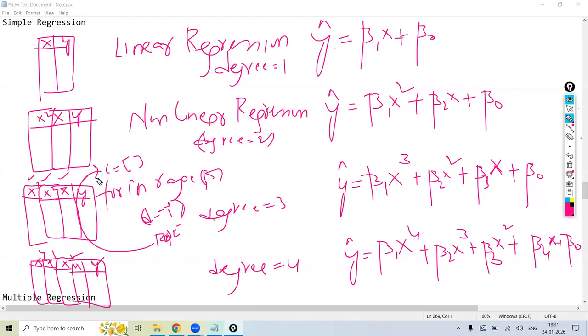Now, what values will be there in the list? Degree of 1, RMSE value will be there. Degree of 2, RMSE value. Degree of 3, RMSE. Degree of 4, RMSE. Like this, you are going to have the list of values. Can we see whether it is decreasing or increasing in the list?